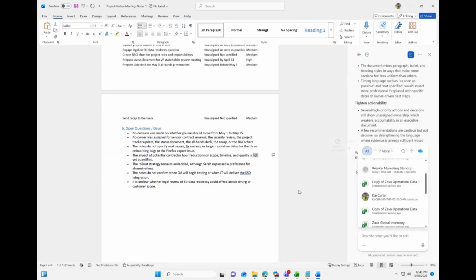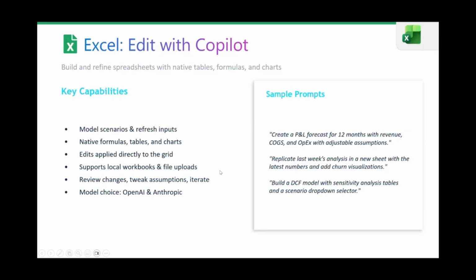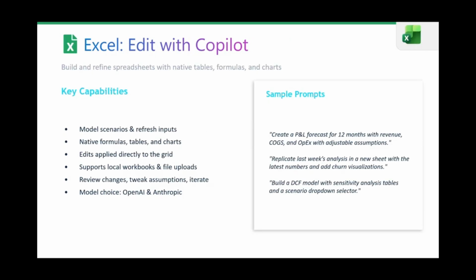I'm going to get back into my presentation real fast and get us over to Excel. I really love this because of things like creating a P&L, replicating last week's analysis into a new sheet, or looking for insights that you may not know about. Often there's an Excel document with a lot of data and you can't really make much of it.